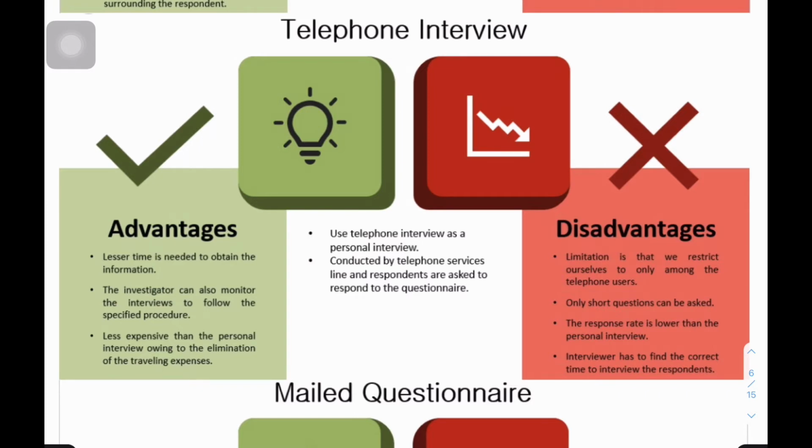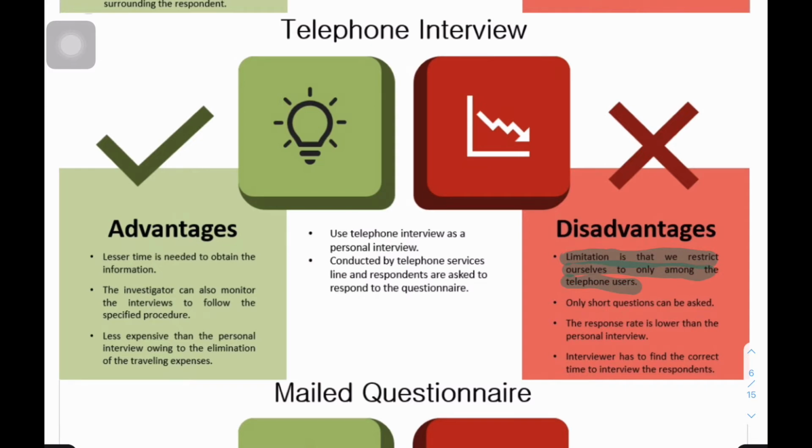How about the disadvantages of doing telephone interview? The first one is limitation, is that we restrict ourselves to only among the telephone users. Tapi yang nombor satu ni macam tak berapa nak relevant pada masa kini, because all of us dah memang ada telefon, melainkan our respondents is orang-orang tua yang mungkin tak mempunyai telefon.